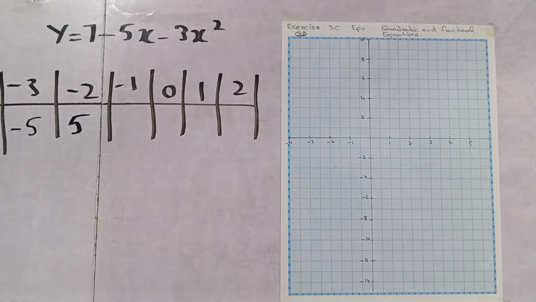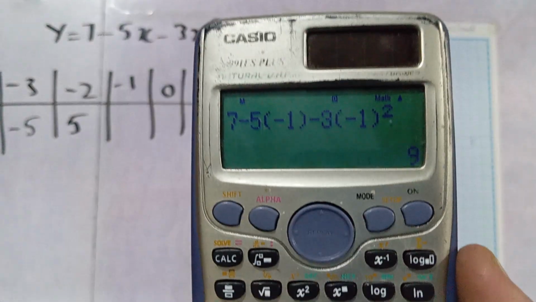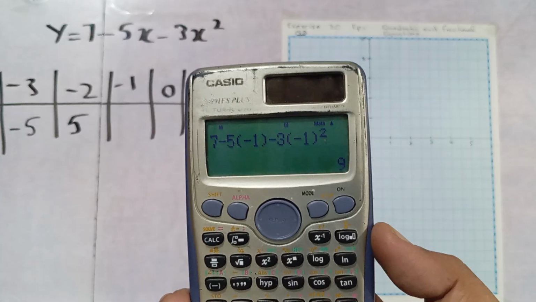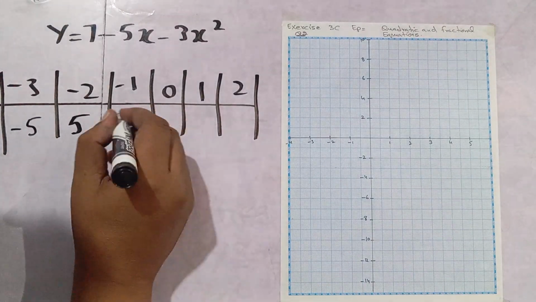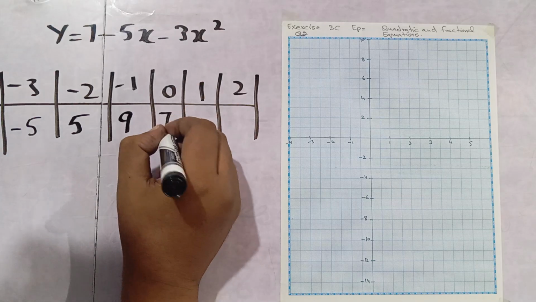Then I will enter 7 minus 5 multiplied by bracket minus 1 bracket close, minus 3 bracket minus 1 bracket close square, equals, and this gives me 9. When you enter 0 it will be 7.